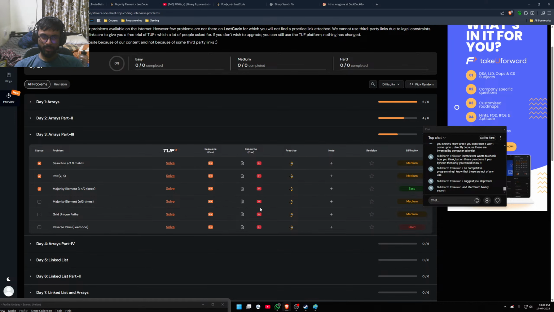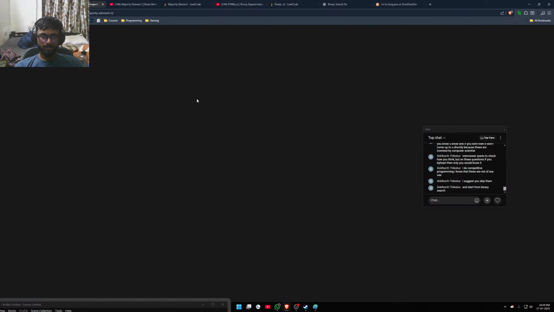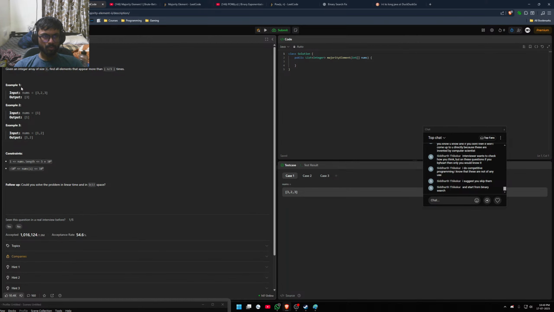So what about this? N by three times. What is this? Yeah. Time complexity is O of n only, but we didn't consider the sorting part.